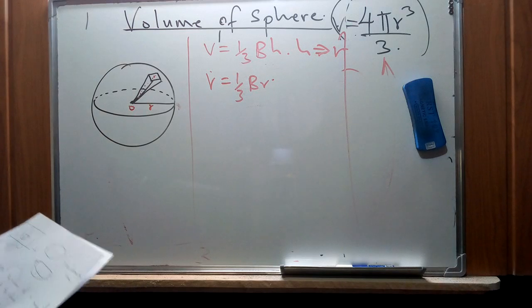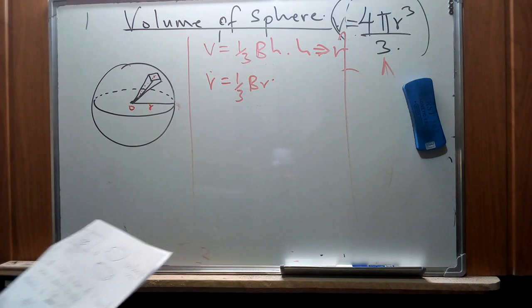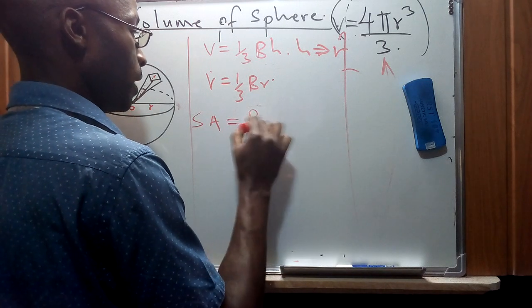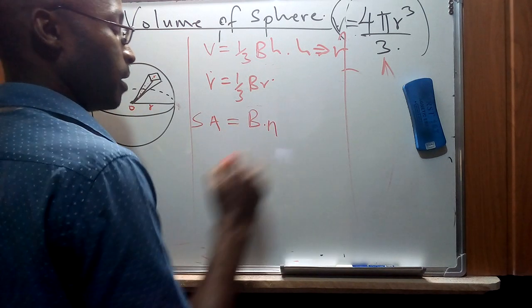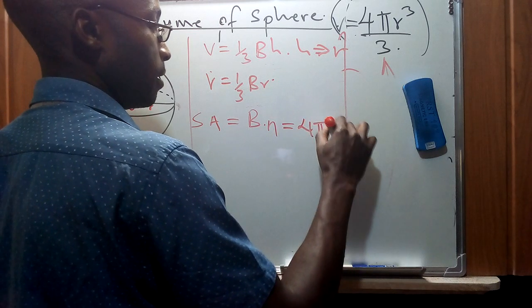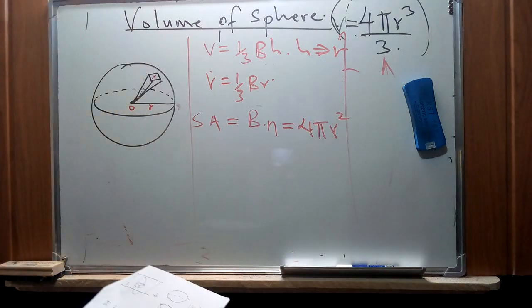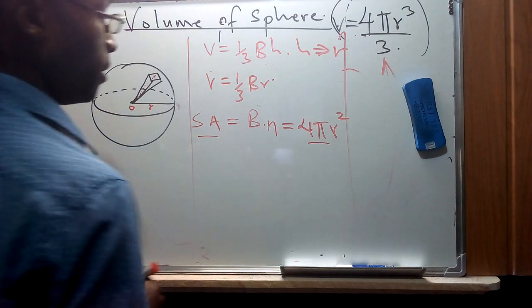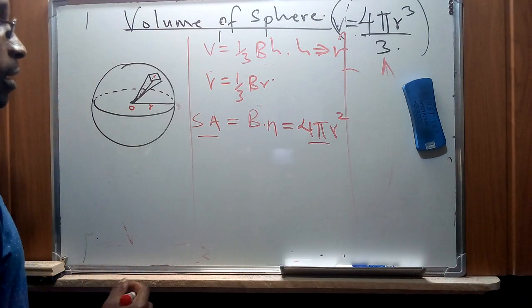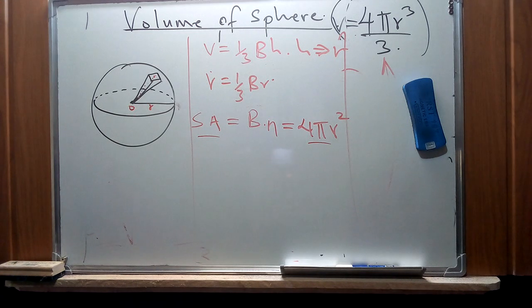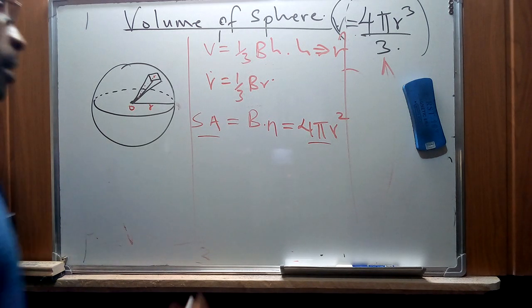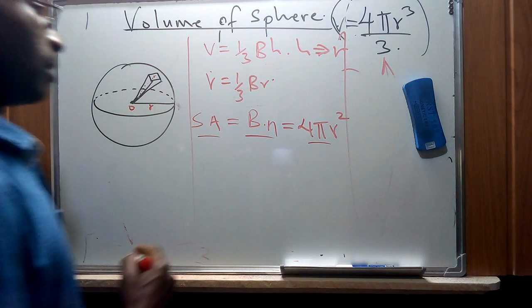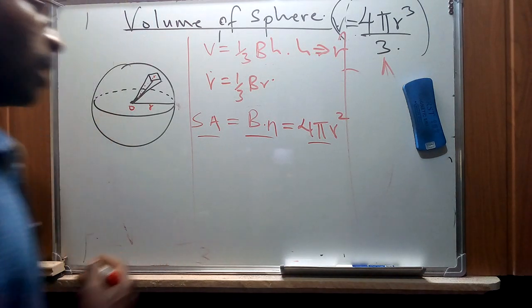And when we are looking at the concept of the surface area, which is equivalent to the base of a single pyramid times n pyramids, this gives the total surface area of a sphere as that. Now we can use the relationship between this one and this one to find one of the missing variables. Given one of them, we can find the other.